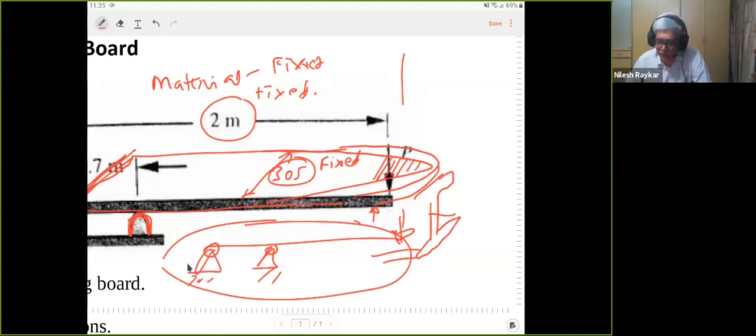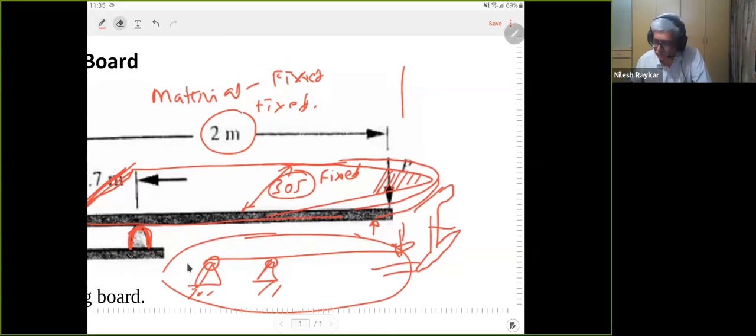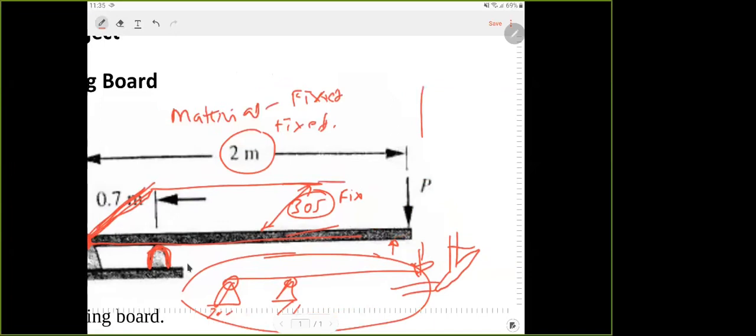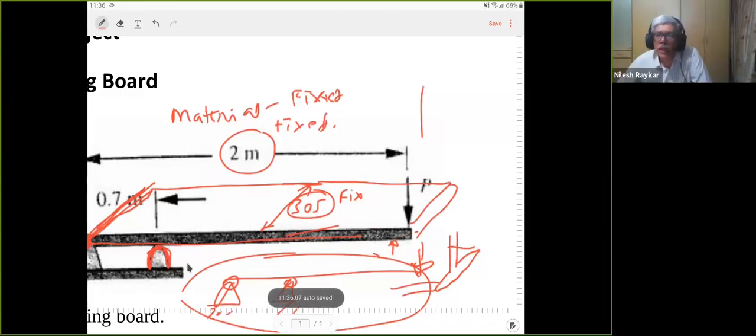Any other idea is there? Okay, so anybody has any other idea, or let me give the idea I have in mind.